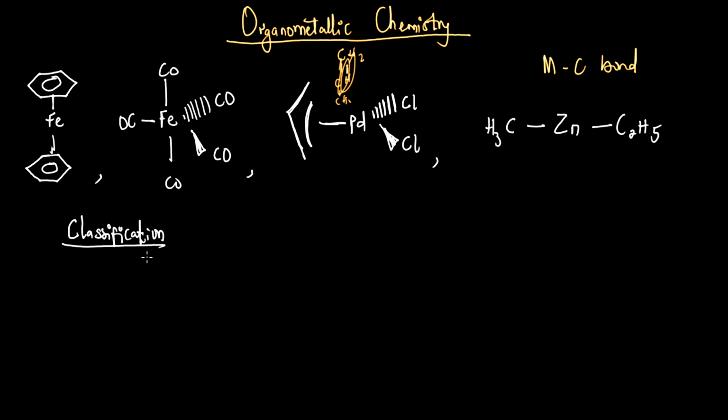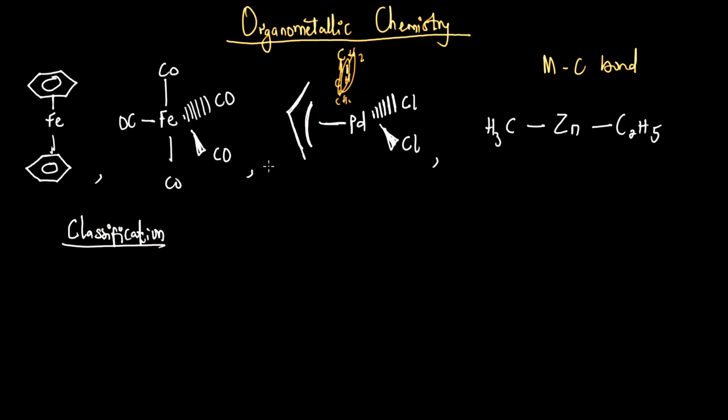So, classification of organometallic compounds. Organometallic compounds, particularly those of transition metals, can be classified based on the number of carbon atoms of the organic compound that are directly bonded to the metal.